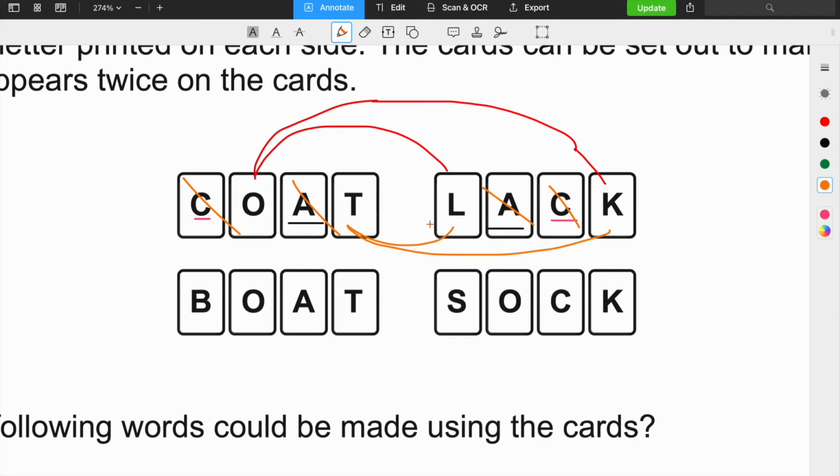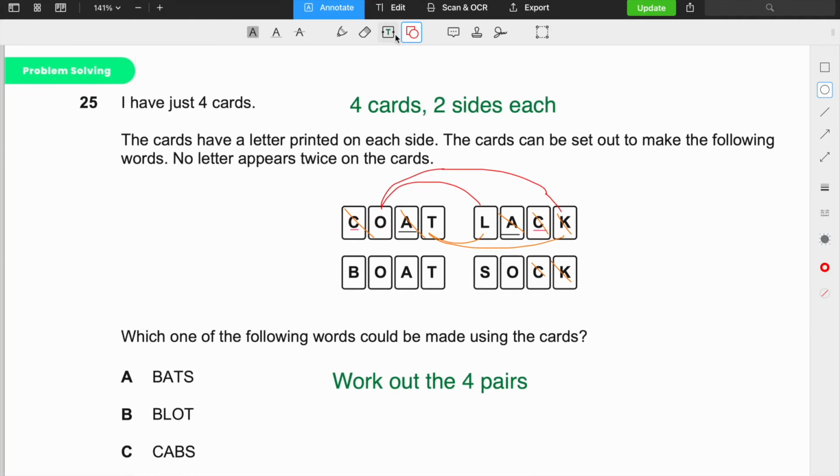Based on comparing these 2 cards, we can eliminate C and K, so let's just ignore that. And we know that L is either with S or O, because we don't know if A is with S or O. But the common similarity between them is the O. So that means L must be with the O. Okay, so one of the pairs is L and O. That's very helpful.